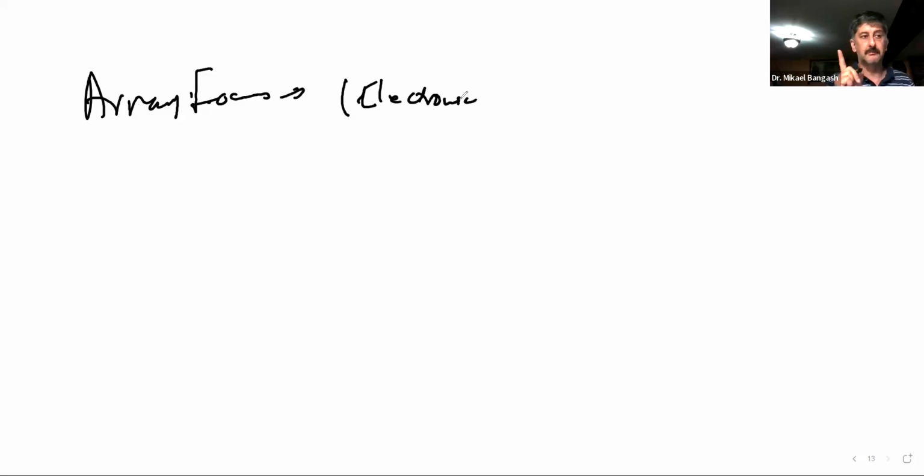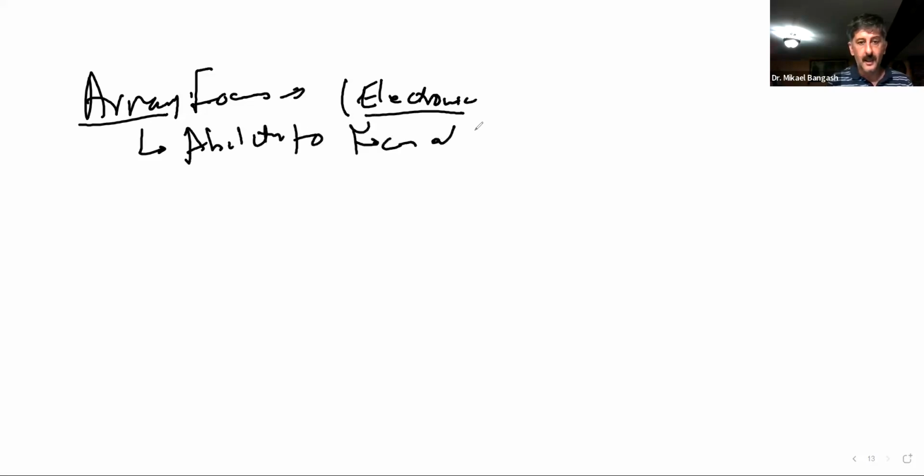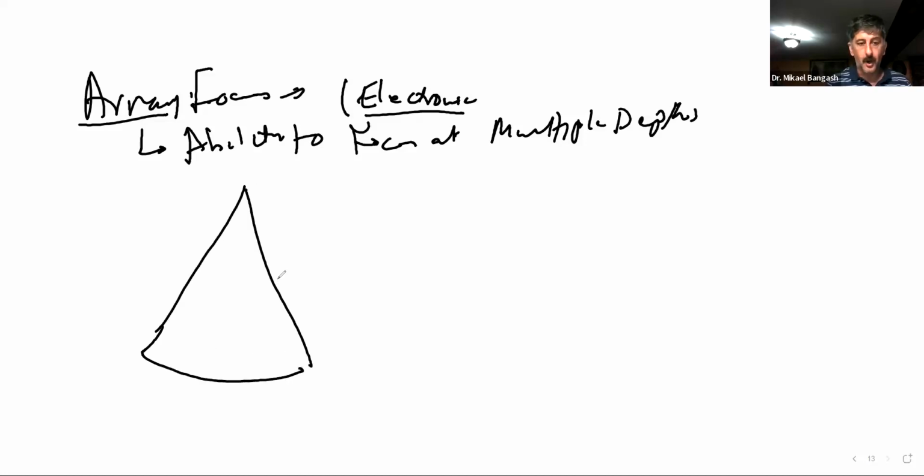Whenever you say electronic focusing, it is always going to be array focusing, which means we have the ability to focus at multiple depths, not just at one single depth.